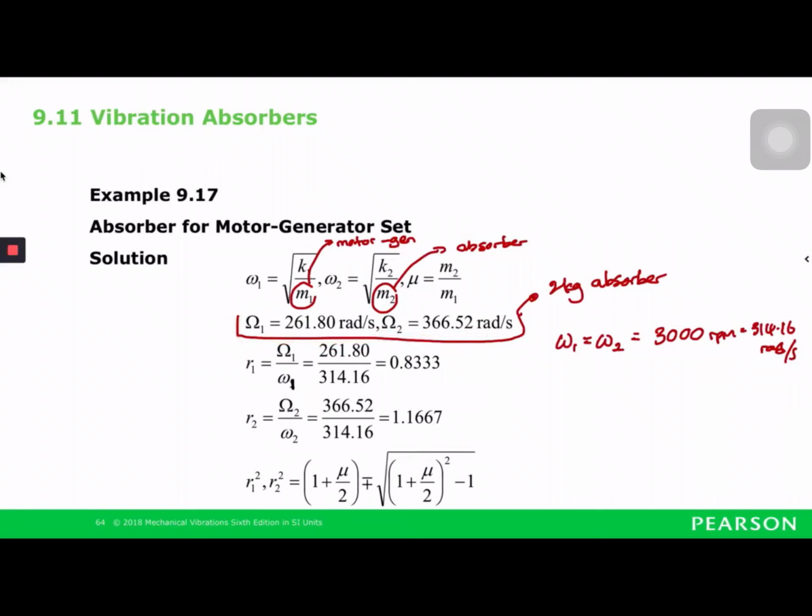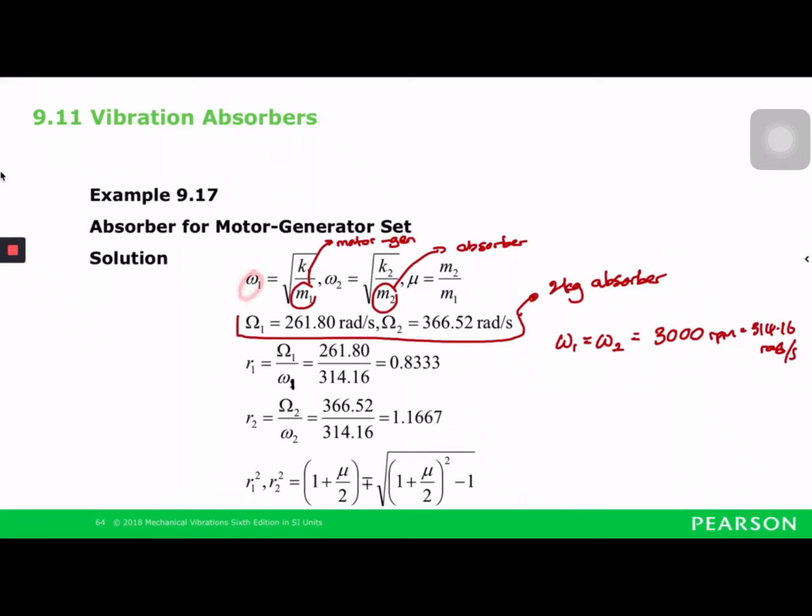Okay, and we have the resulting natural frequencies from the 2 kilogram absorber, which are 2500 rpm, which you have to convert to radian per second, which is 261.8 radian per second, and 366.52 radian per second, which equals 3500 rpm.